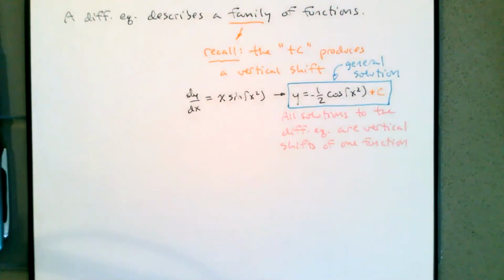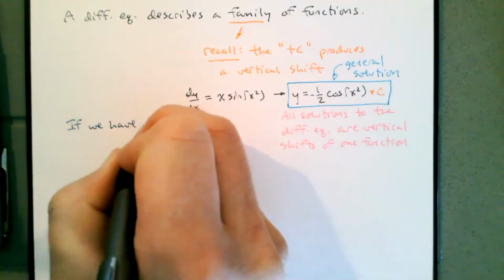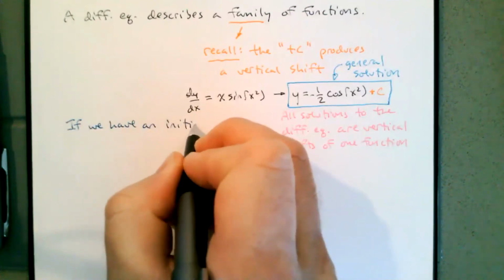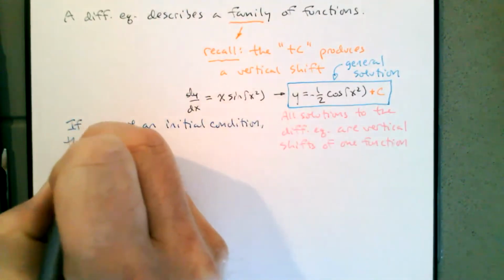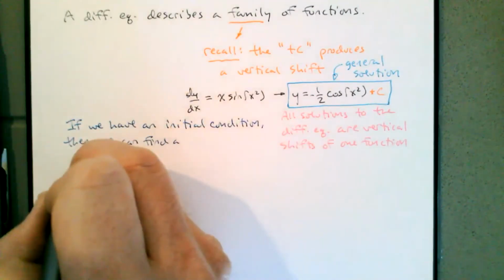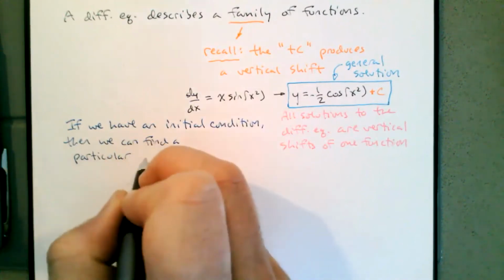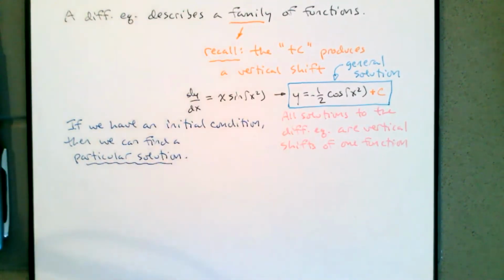If we have an additional piece of information, an initial condition, then we can turn our general solution into a particular solution by solving for plus c.